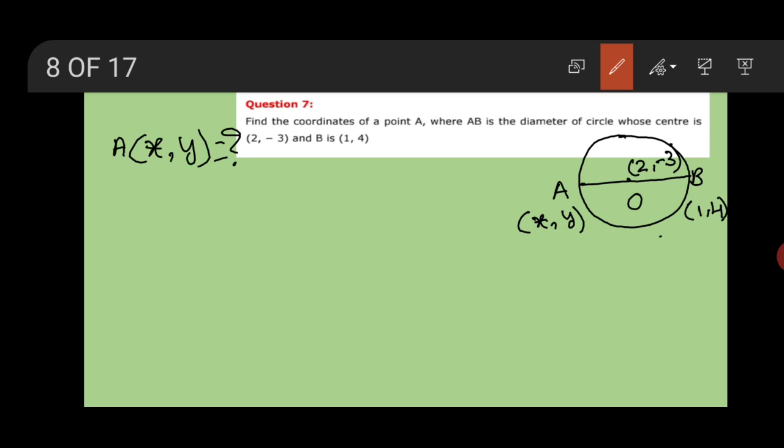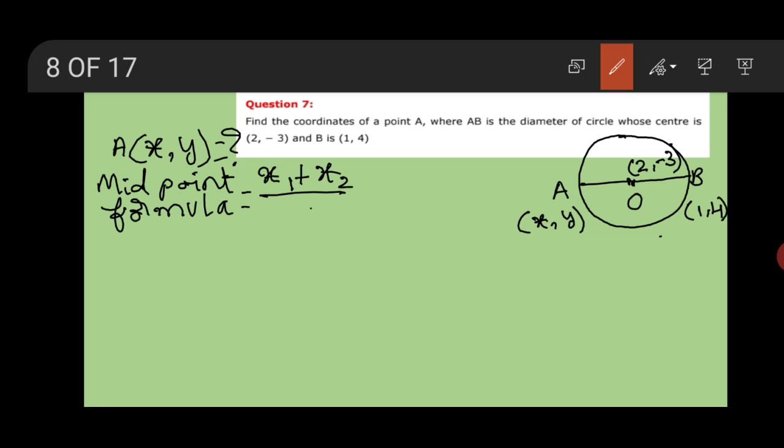Here the midpoint is given. Since O, the center, is the midpoint of diameter AB, we can apply the midpoint formula. Therefore use the midpoint formula. Write down the midpoint formula. What is the midpoint formula? (x1 plus x2) divided by 2 comma (y1 plus y2) divided by 2.